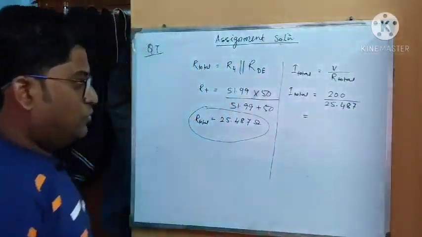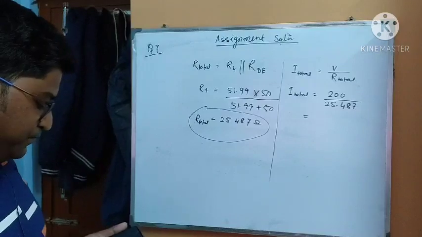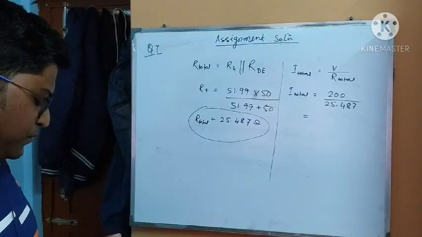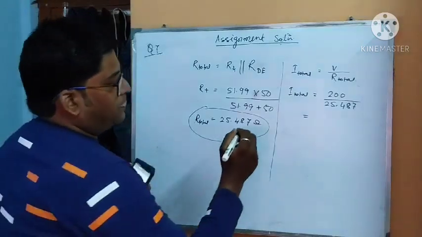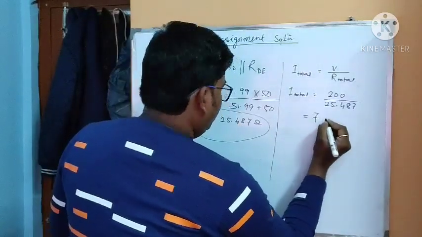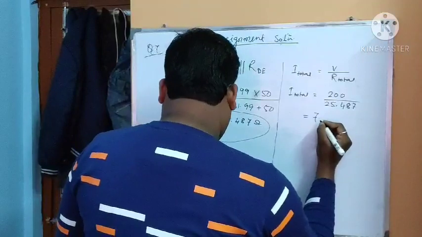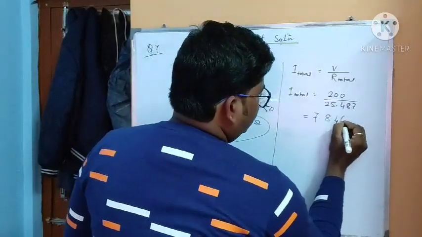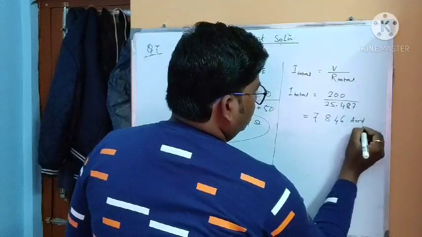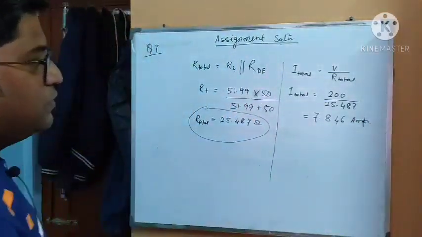Okay, if we simplify this, the result will be 7.846 ampere. So this is the amount of total current flowing through the circuit, 7.846 ampere. I hope everyone is able to understand.